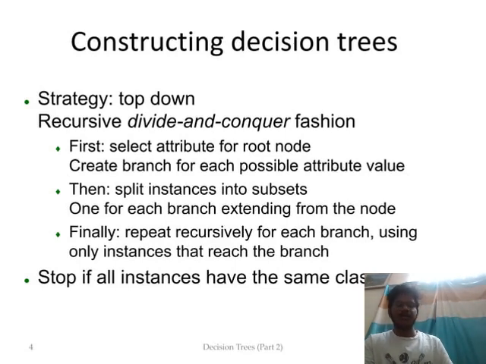Finally, repeat recursively for each branch, using only instances that reach the branch, and stop if all instances are in the same class.